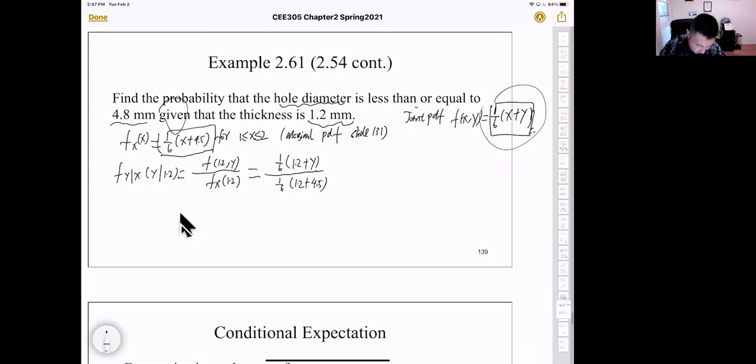So the bottom part is here, and the top part is the joint function.